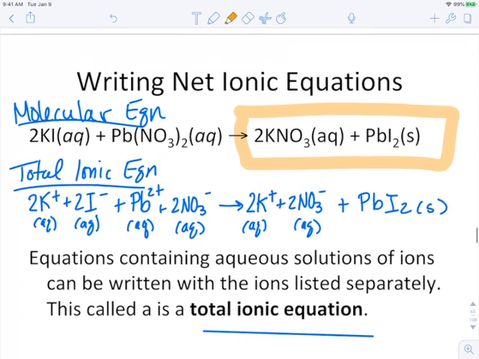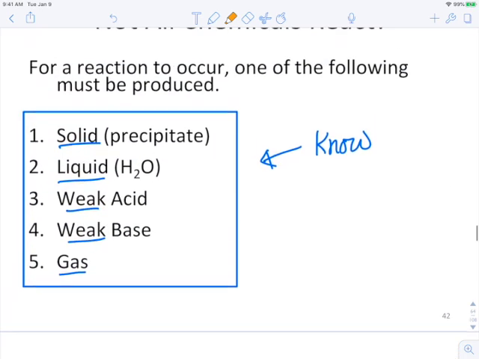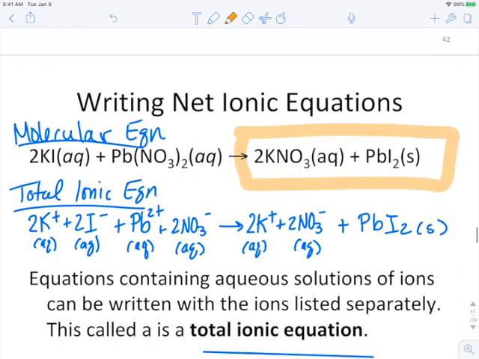So what we're going to look at is this list right here. We said that one of these 5 must be produced. So 3 of them were our states, solid, liquid, or gas. And then we have weak acid and weak base. One of those must be produced. So what did we produce here that allowed us to have this chemical reaction?